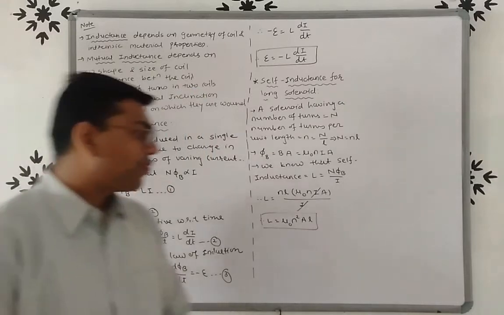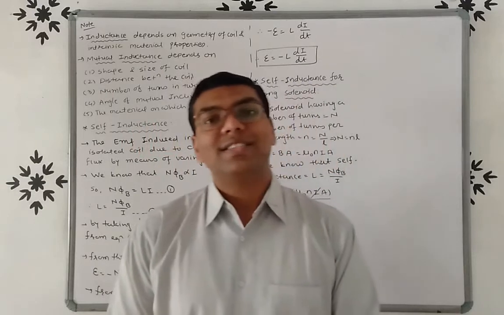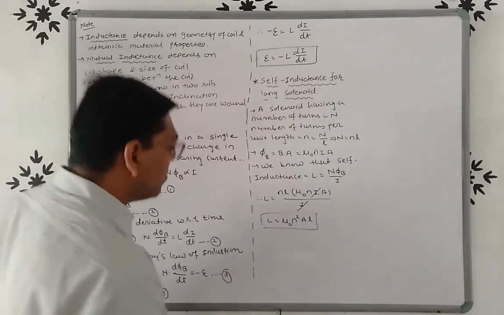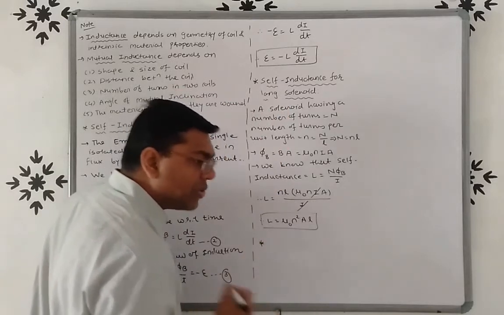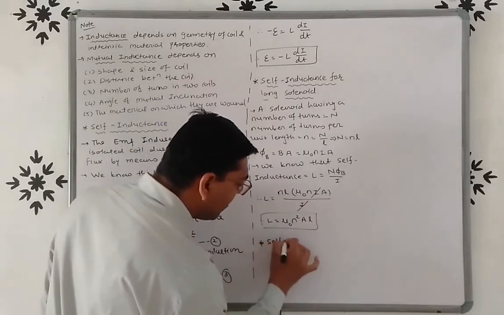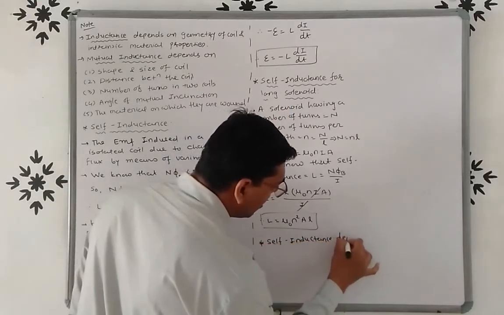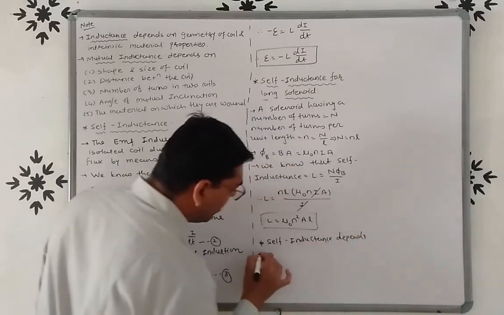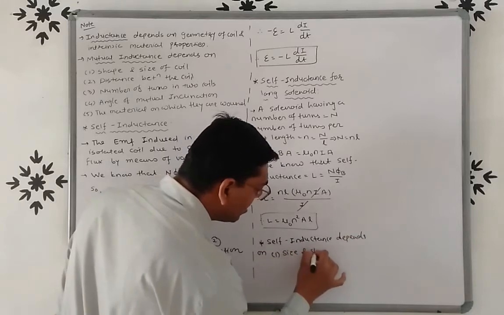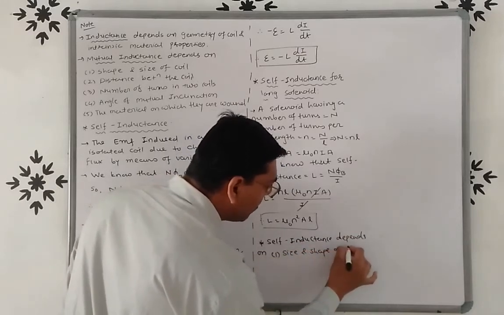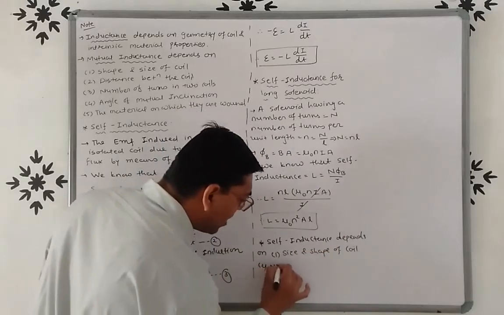Now, on which factors does the self-inductance depend? Once again, another point that you have to remember: the self-inductance depends on, first, the size and shape of the coil. Second, the number of turns.